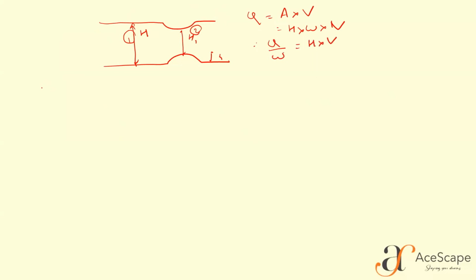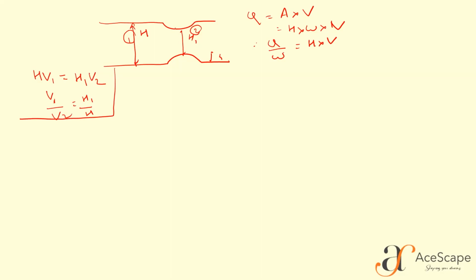Now at points 1 and 2, when we apply the continuity equation, since the width is constant, we can write h into v1 equals h1 into v2. So from here we get a relation: v1 upon v2 is nothing but h1 upon h.